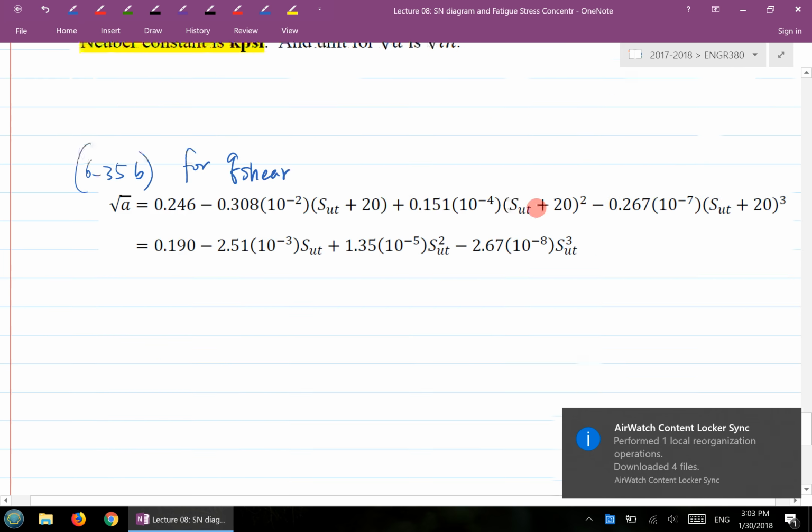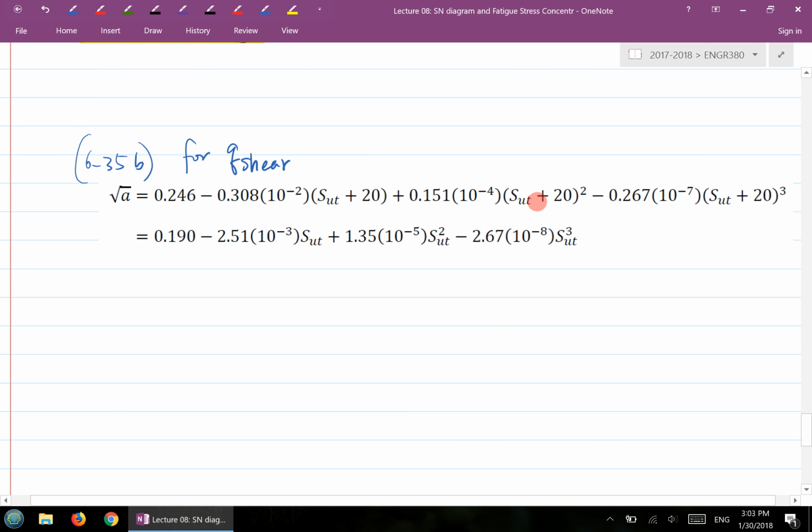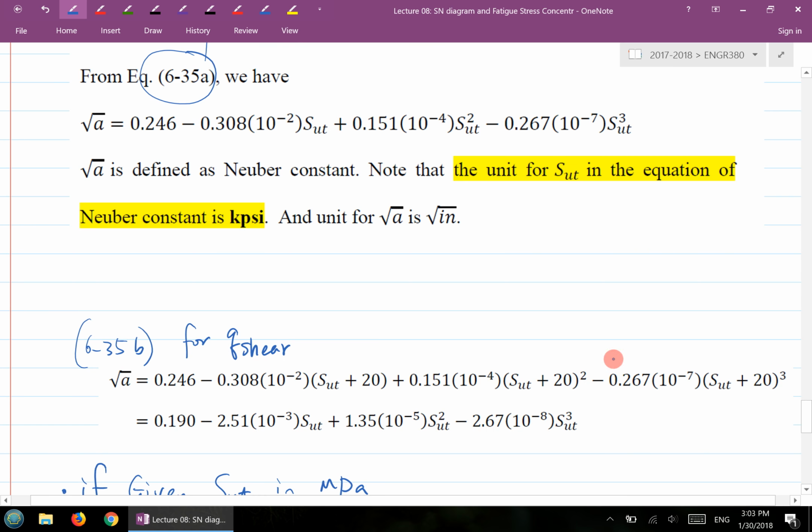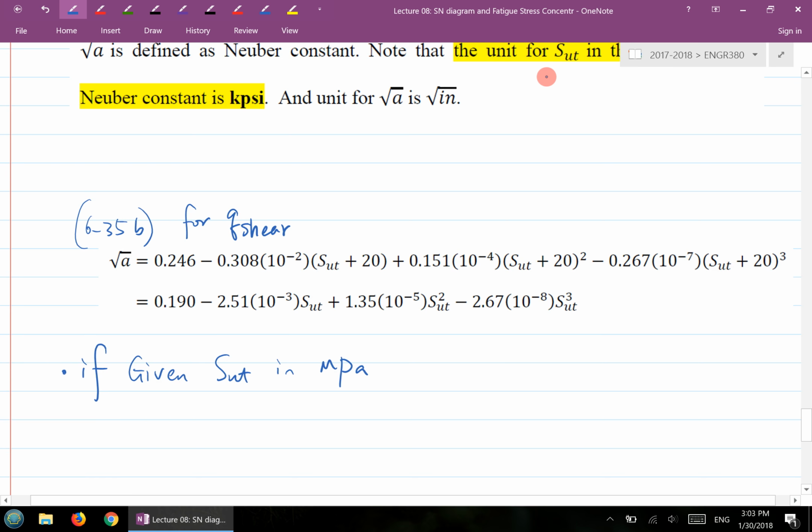One more comment: for these two formulas, the SUT value has units of KSI, not megapascals. So you have to be very careful. If your SUT from the material table or the question is in megapascals, you actually cannot directly use the 6-35A and B formulas right away.